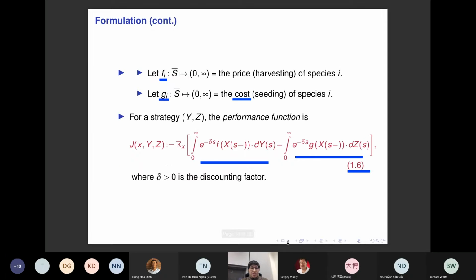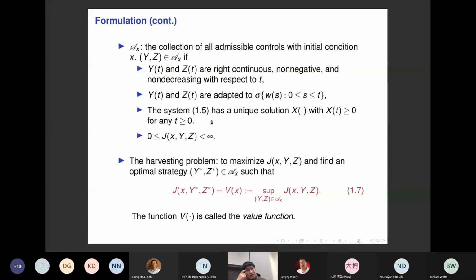So our objective is to maximize this functional, this performance function. We want to find the optimal control Y and Z. In order to do that, we define the collection of admissible controls.